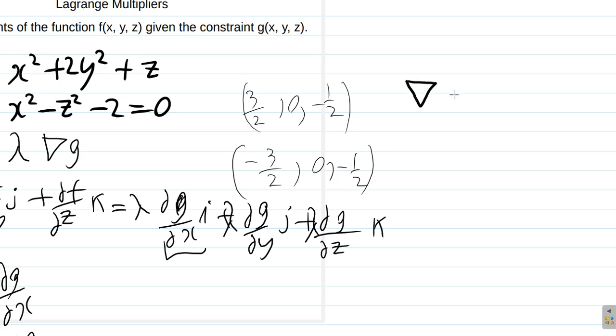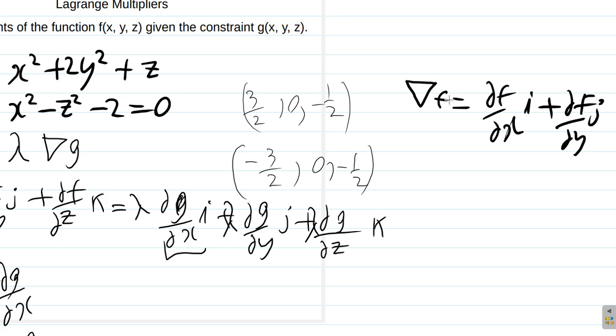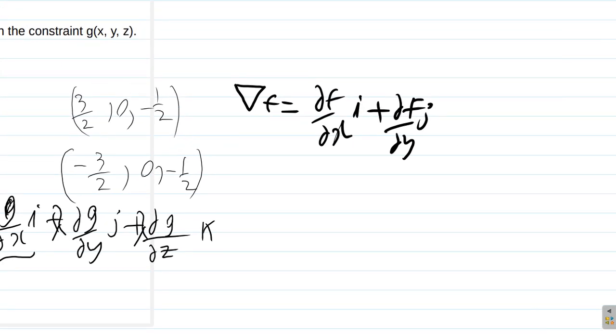The gradient vector of the function is going to be delta f by delta x in the i direction plus delta f by delta y in the j direction plus delta f by delta z in the k direction.